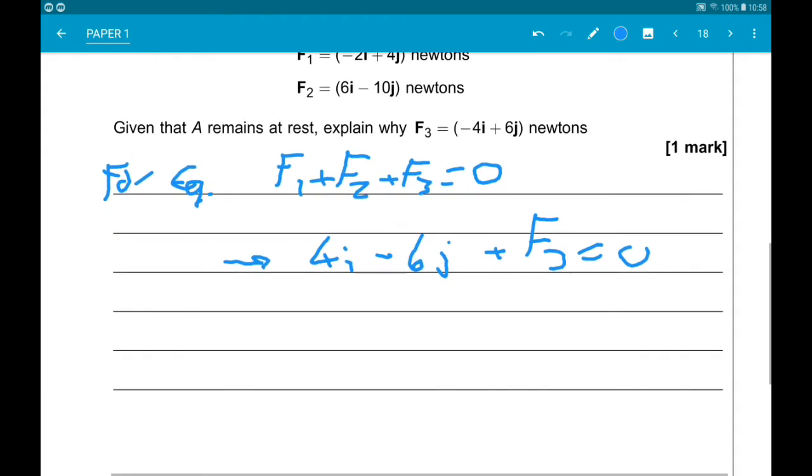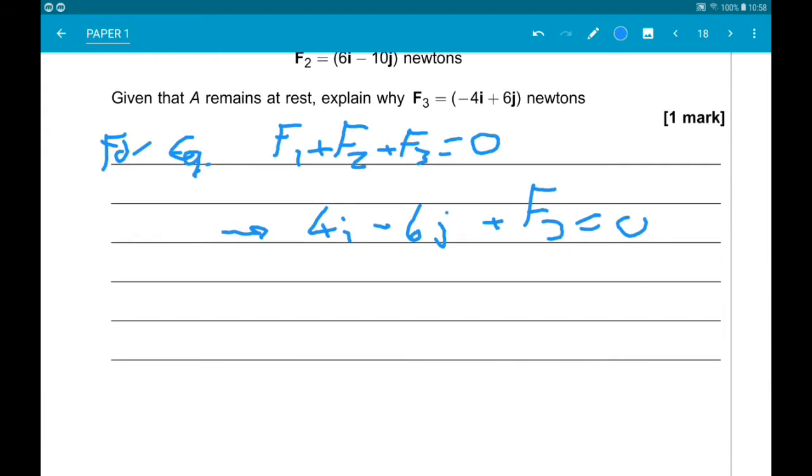So, move the vector components over to the right and we get F3 is indeed minus 4i add 6j.